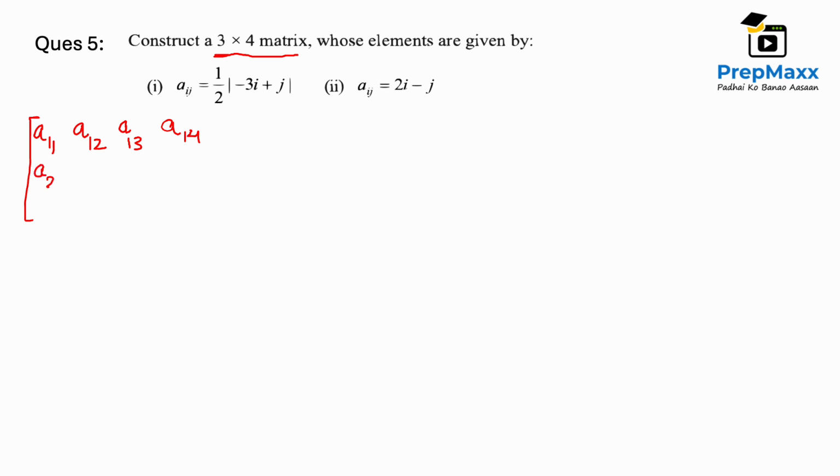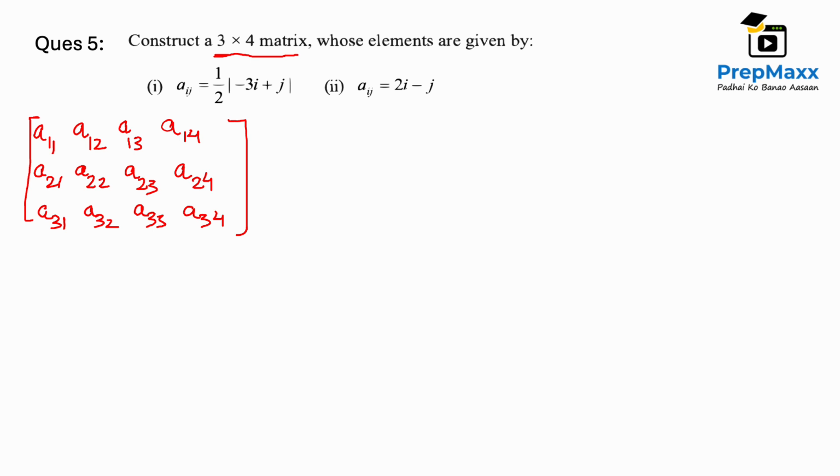Then we need A21, A22, A23 and A24 elements, and then finally we need A31, A32, A33 and A34 elements, right? Because this matrix has 3 rows and 4 columns, right?